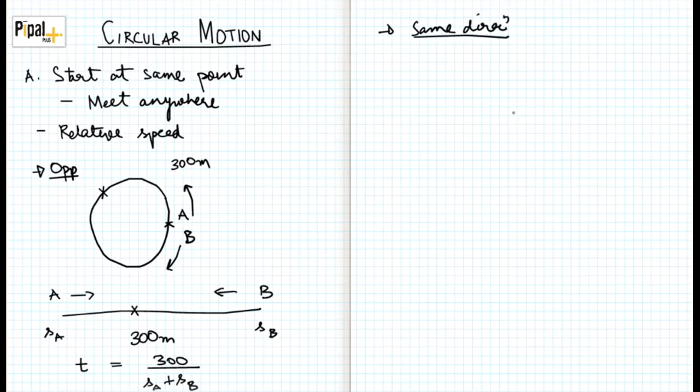Now if they're moving in the same direction, it may be a little difficult to imagine, but let's say this is the starting point and both A and B start in the same direction, and let's say B is faster and right away overtakes A, and they continue to take whatever number of rounds, and let's say they meet somewhere.